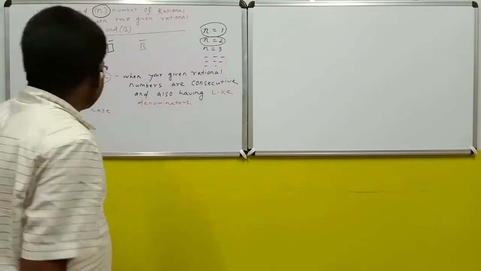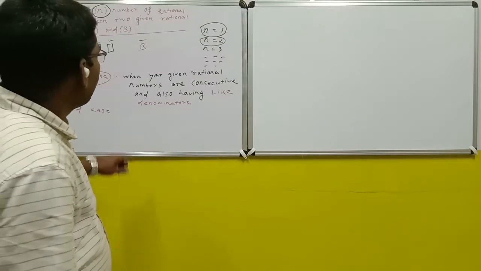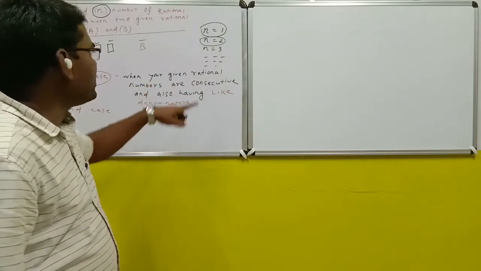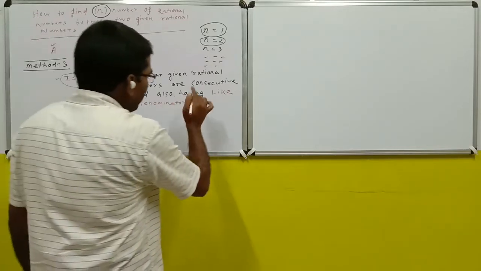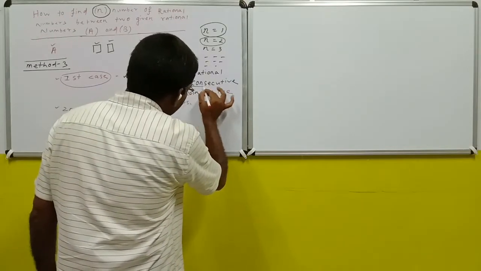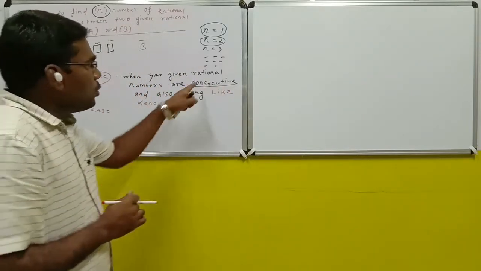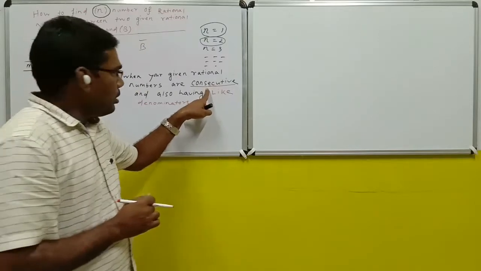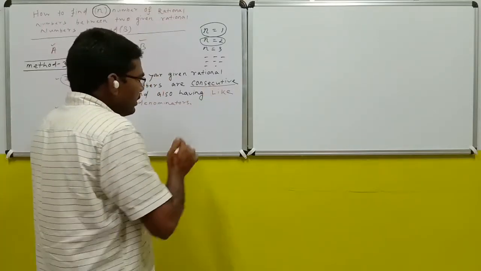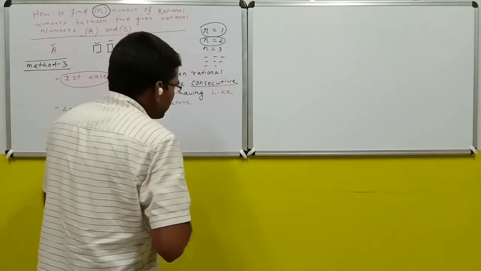So the first case tells you that your given rational numbers are consecutive. Here, the word consecutive, what do you mean by this word? And also it has been written here like denominator.